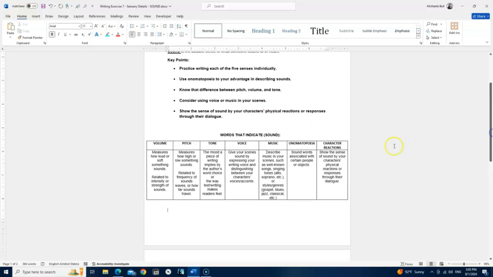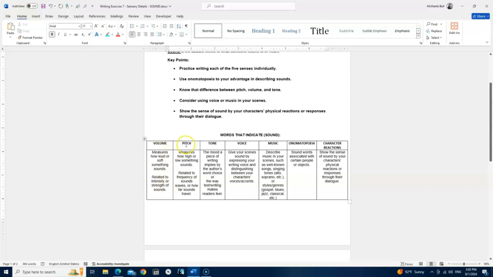Below here, I have a chart of words that indicate sound. In the first column, I go over volume. Volume measures how loud or soft something sounds and is related to the intensity or strength of sounds.